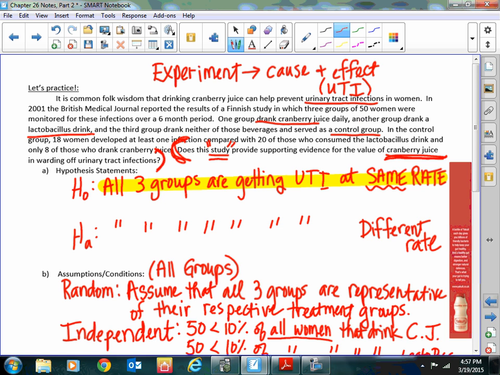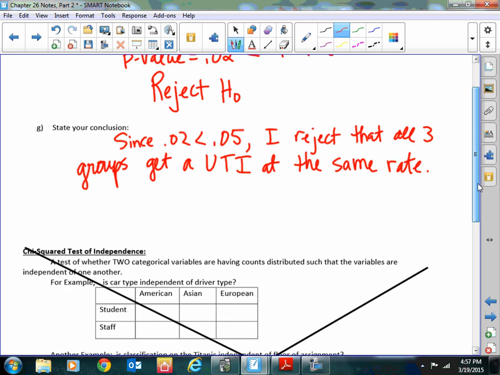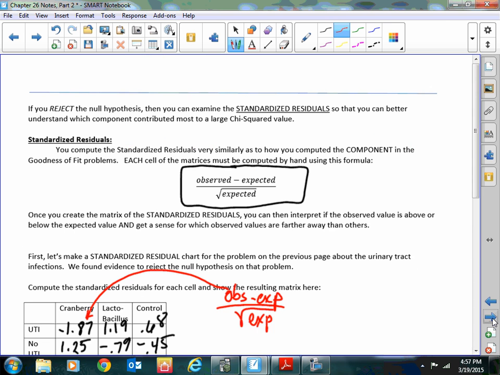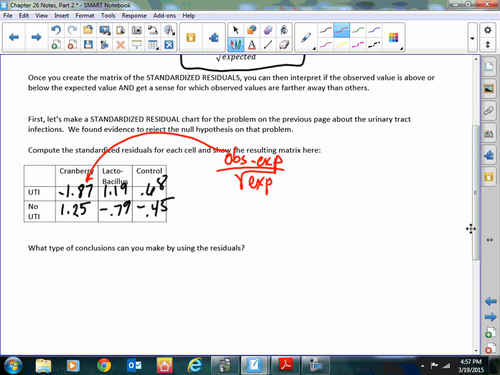Okay, so let's go ahead then and stop right there. At this point, all we're saying is that there is a difference. On Monday, I'm going to talk to you about how to specifically determine that with cranberry juice, they're getting a urinary tract infection at a lower rate. So we're going to stop there and actually not do that today. I think that's enough information, and we'll finish those residuals Monday.